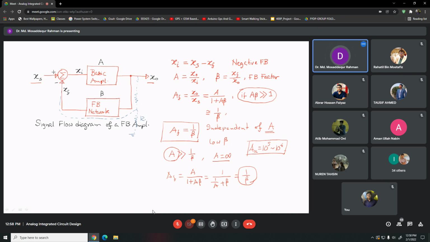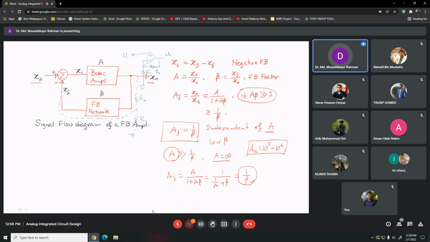We call them R1 and R2. If we show the op-amp like this, with negative and positive terminals, then we can show it like this, R2 and R1. So this is your input signal, and this is your output.